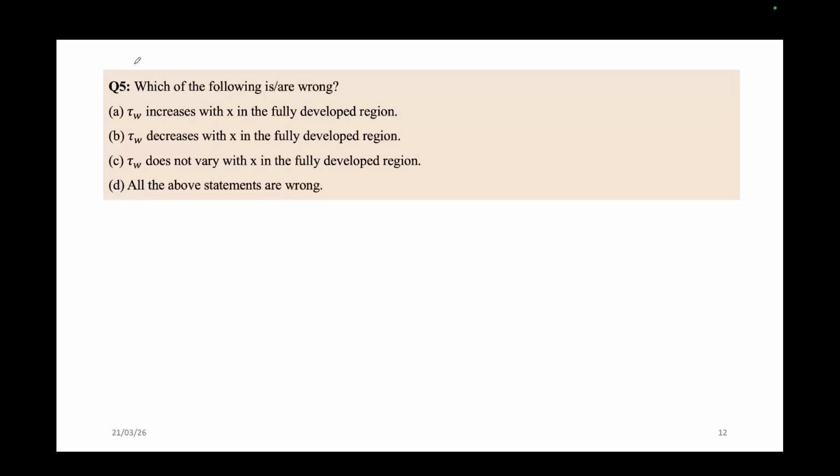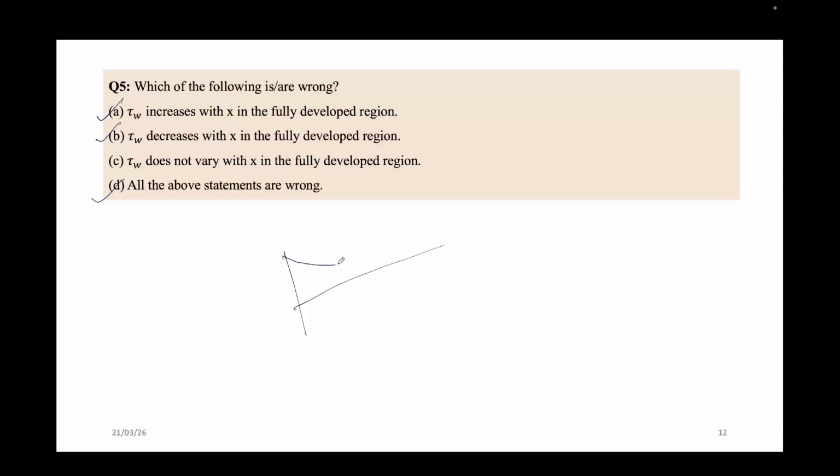Option C is correct. Yes, yes, very good. So A, B, and D are the correct answers, because this is of the profile.